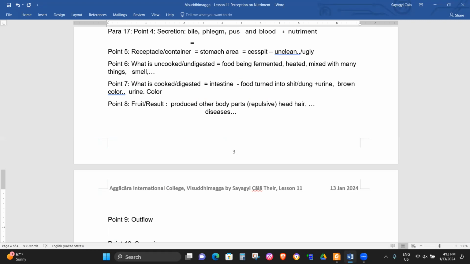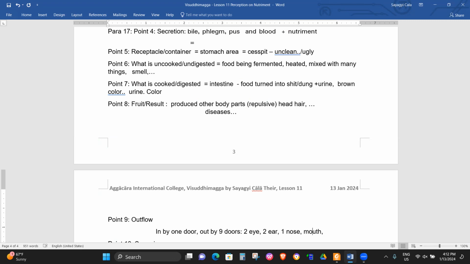Okay, so we are talking about outflow: in by 1 door, out by 9 doors. So what are the 9 doors? 2 eyes, and then 2 ears, 1 nose, okay. What else? And then one mouth, okay.